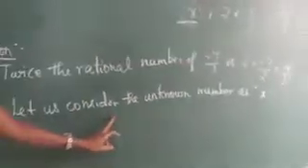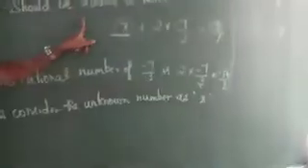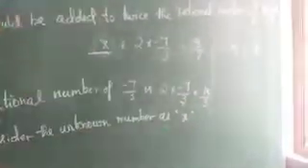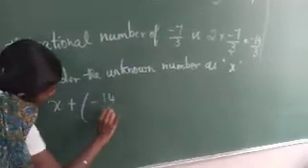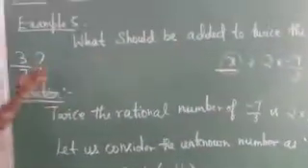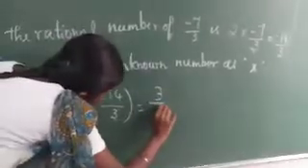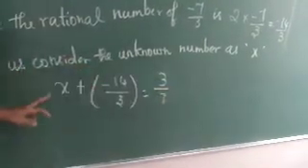The number I don't know, so I am considering the unknown number as x. Then added, so you have to add minus 14 by 3 and x. So x plus of minus 14 by 3 equals, what is my final answer? I have to get 3 by 7. So here we have finally formed a linear equation.